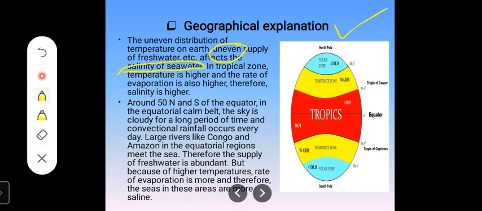Now we are going to see this diagram, students, in the tropical zone. In the tropical zone means this zone, the red part you can see now. In the tropical zone, temperature is higher and the rate of evaporation is also higher. Therefore, the salinity here will be higher.